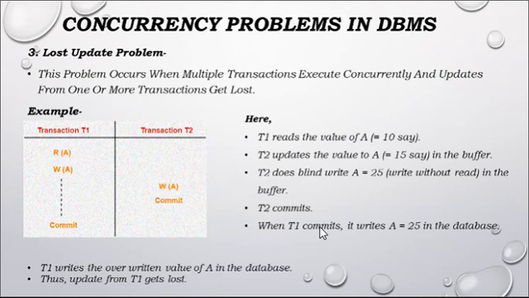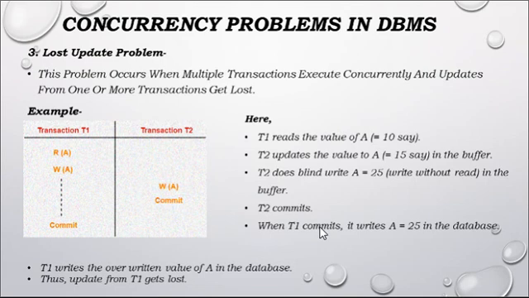Next, T2 updates the value without reading it, to 15. Now T2 blindly updates value A. T2 blindly writes A equals 25 in the buffer and T2 commits. When T1 commits, it writes A equals 25 in the database.